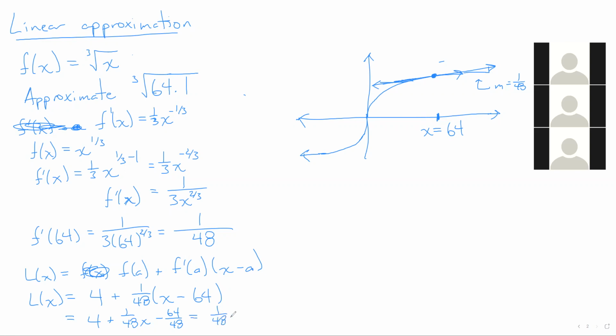So 1/48 times x plus 4 minus 1 1/3, so 2 2/3. So I believe this right here is my linear approximation. As long as I pick x values that are close to 64, that approximation will be pretty good.